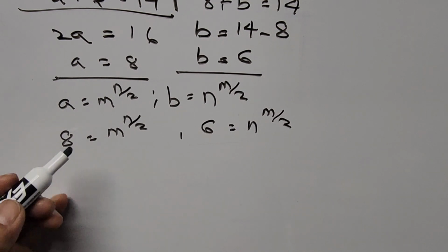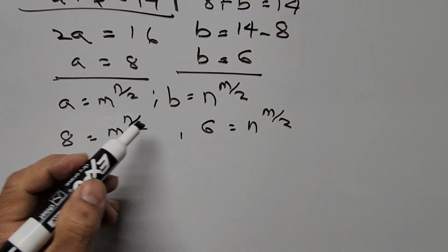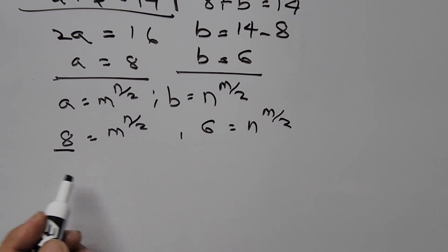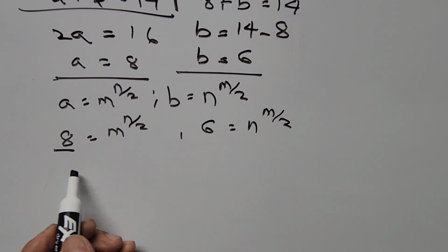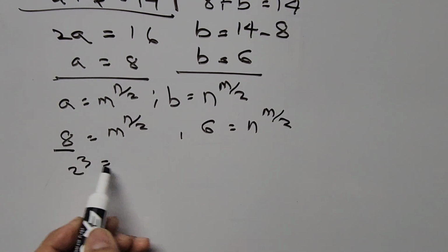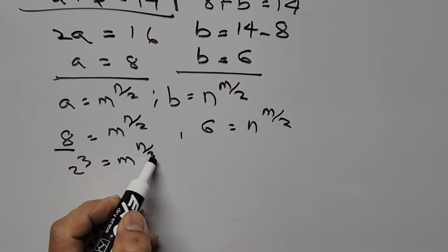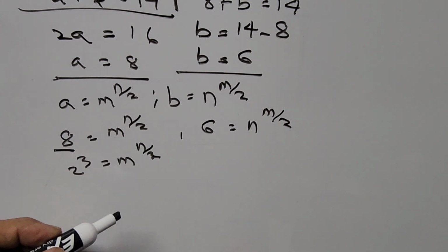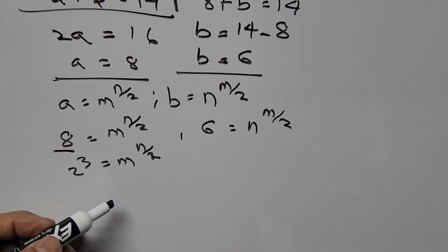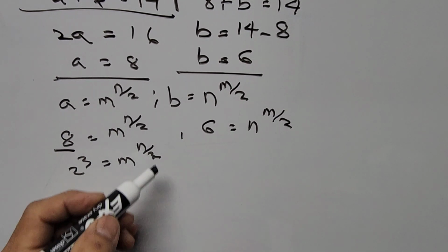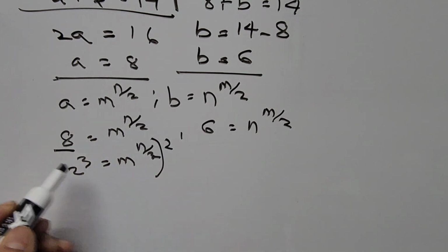So from here, solving for m with respect to n, here write 8 as 2 cubed, right? And this is equal to m to the power of n over 2. Solving for the variables m and n. So we're raising the whole equation to the power of 2. Right?